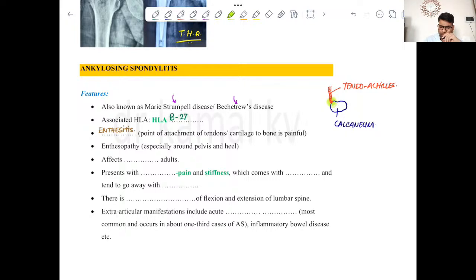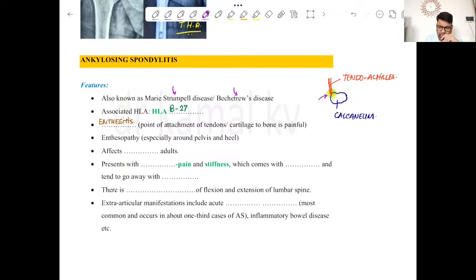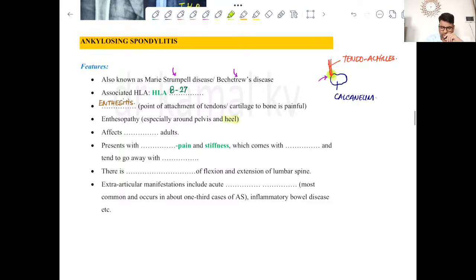Such areas become extremely painful, right? So this is known as enthesitis, a very important clinical feature of ankylosing spondylitis. This is enthesopathy or enthesitis, very commonly related to the heel.